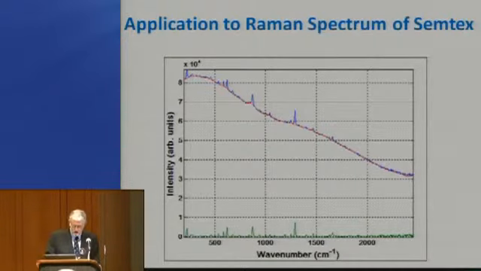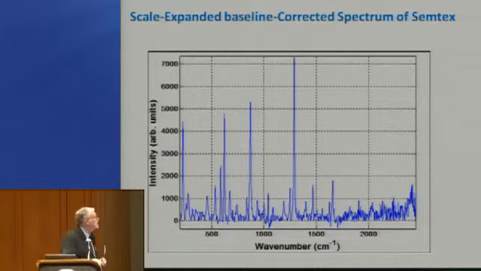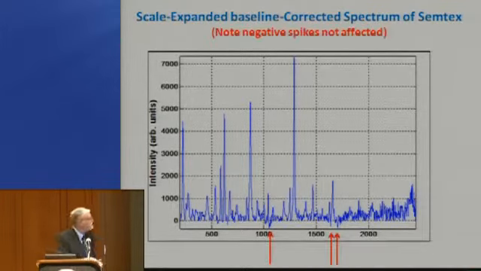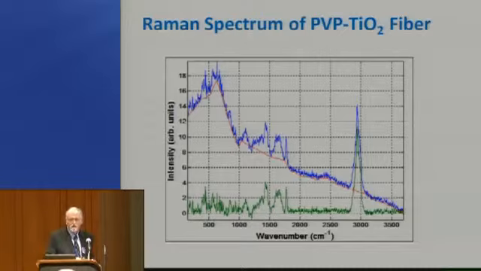This is the result. And so what you can see is that there are still some negative features on there which stay negative because they're actually spikes which are a real part of the spectrum. So it actually worked very, very well for Raman spectra.